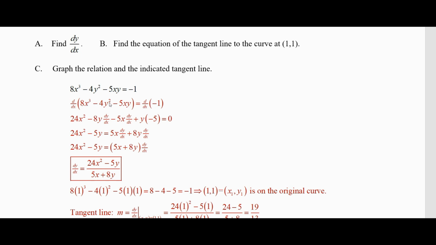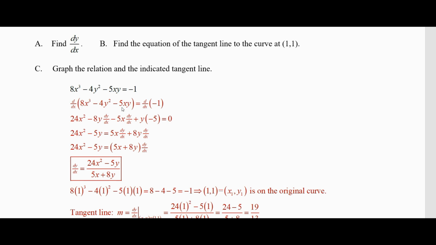And next, the next term, again, just the power rule with the constant in front. So that's negative 8y to the first power. But the y and the x are different. y changes as x changes, so we need a chain rule to give us the dy over dx there.